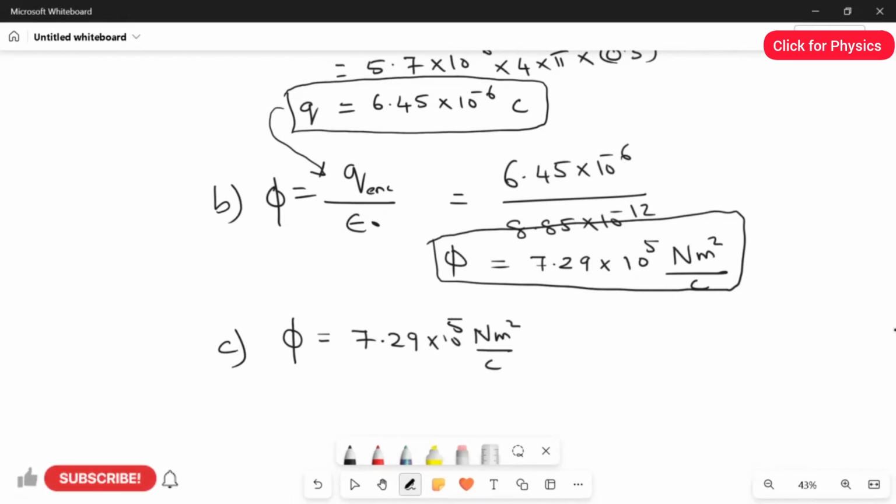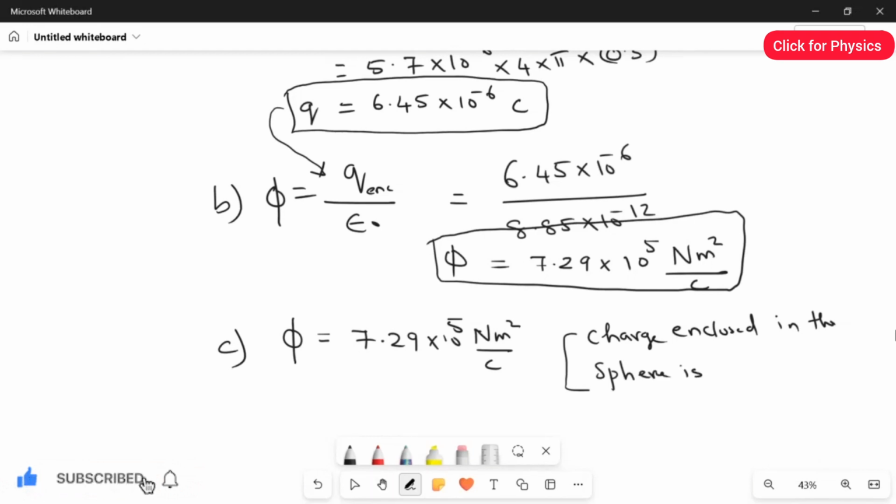What's the reason? The reason here is the charge enclosed in the sphere is the same, because the charge is not changed.